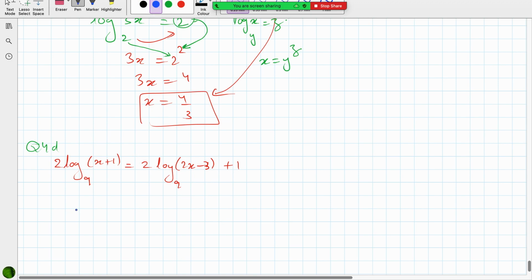We haven't done that yet, so I'll convert that first. So you see this is also possible. It is equal to log of 2x minus 3 raised to power 2 to base 9. You see this was the reverse of the power law. And may I write this 1 as log of 9 to base 9?